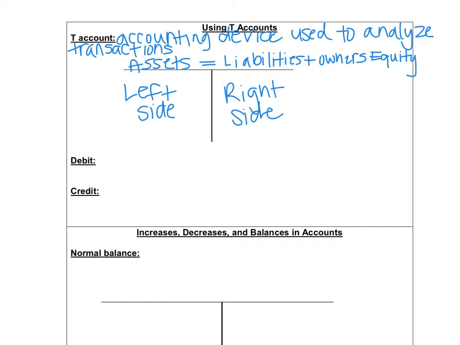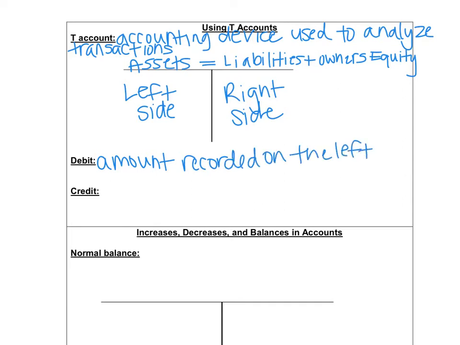So a debit is referred to as an amount recorded on the left side of an account. And a credit would be the amount recorded on the right side of an account.